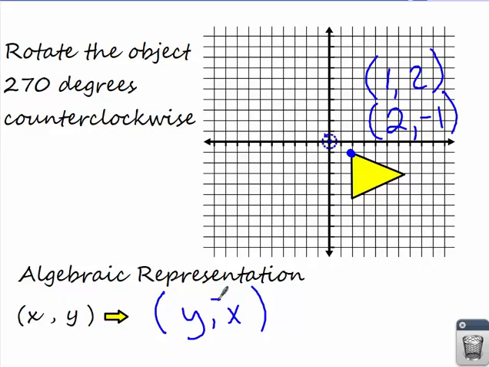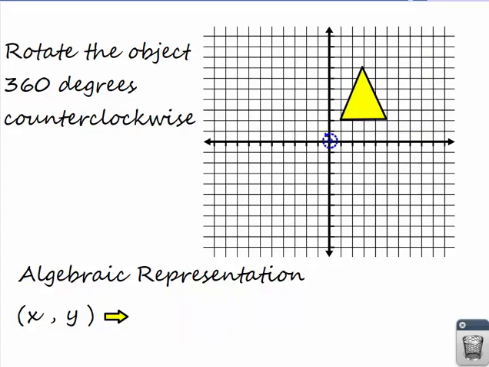The x changes. You'll notice right here, our 1 was our x value and it turned to its opposite. Now, the last rotation you have to do is a 360, and I hope that's common sense. If I take this triangle and turn it 360 degrees, it should be right back where it started. So we're not really going to talk about that one much.